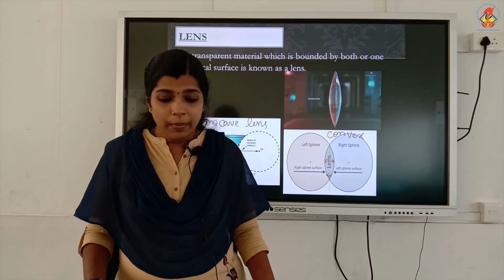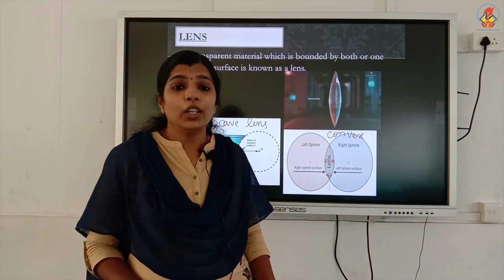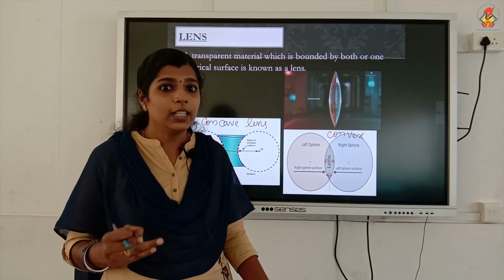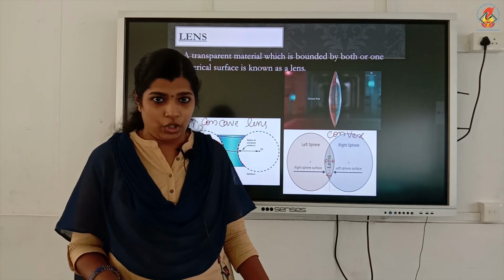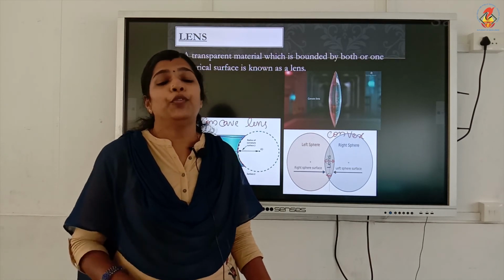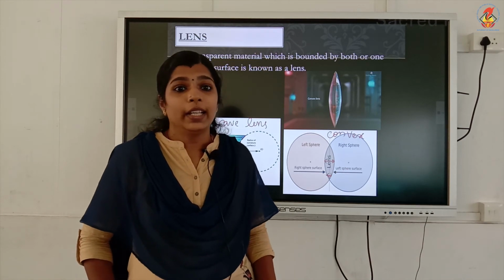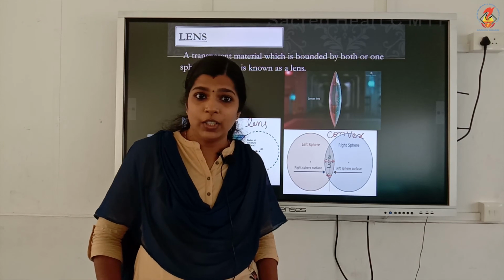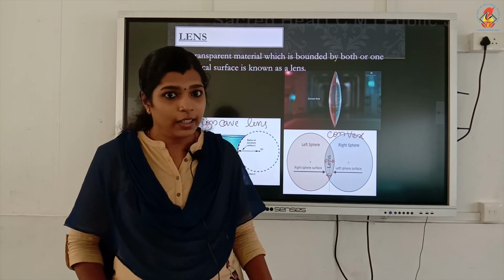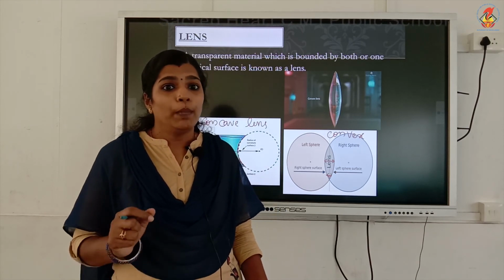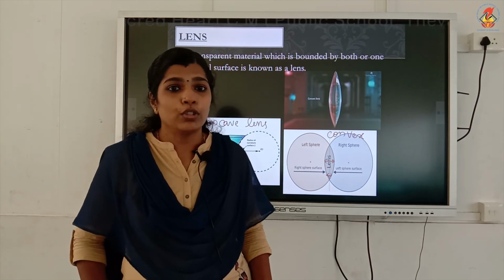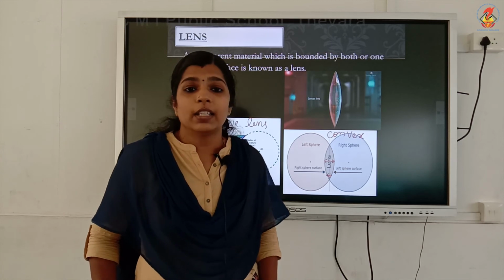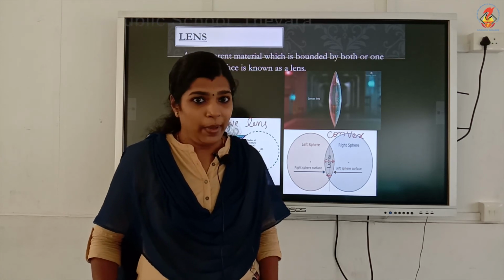Then, the image formed by concave lens is virtual, erect and diminished. But the image formed by convex lens can be real and inverted, virtual and erect. If the object is placed very close to the convex lens, it forms erect and virtual image.